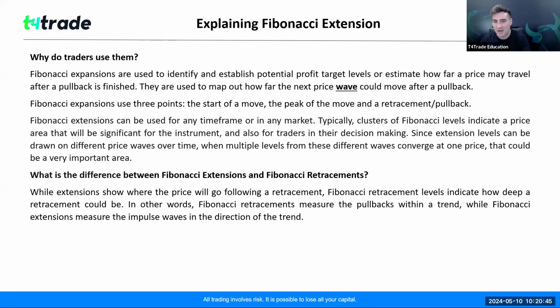That's primarily how we use the Fibonacci tools in general. We use them as potential areas of support or resistance. That's pretty much it. Nothing more, nothing less. Suggested price areas for support or resistance of any given instrument.